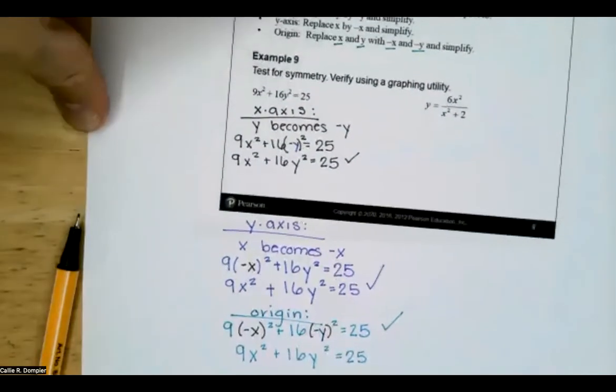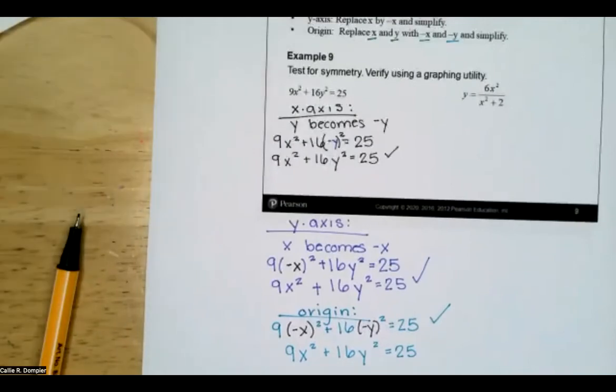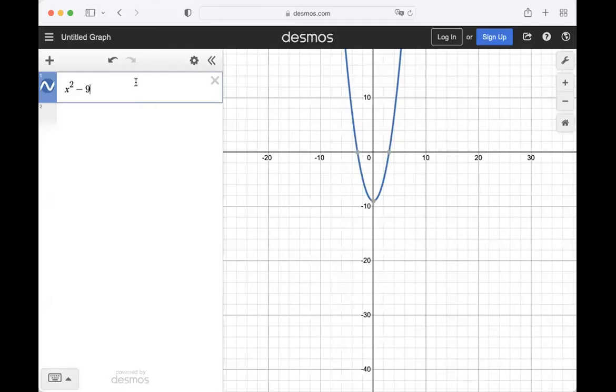Good. I will put it into Desmos. We can see that that is true, and then I will let you go. All right. So the graph was 9x squared plus 16y squared equals 25.